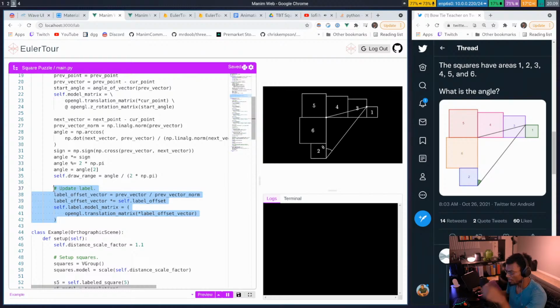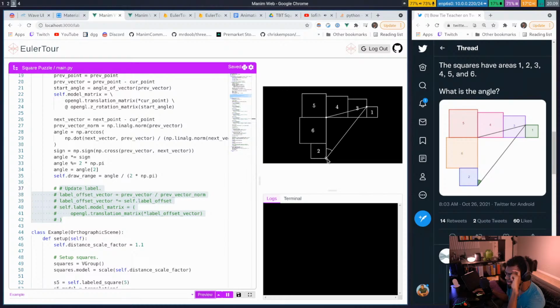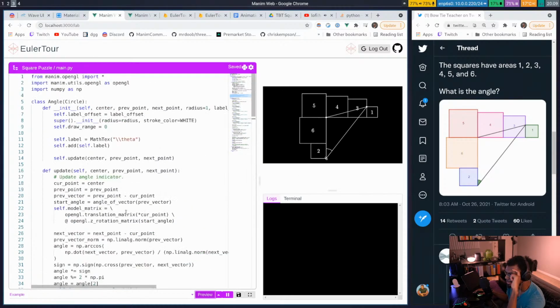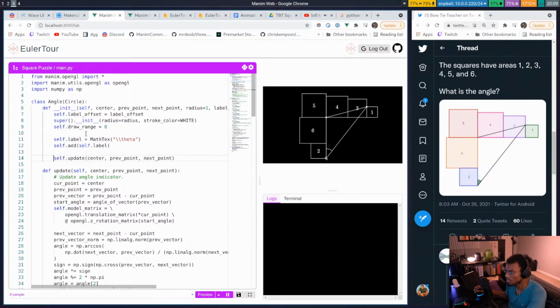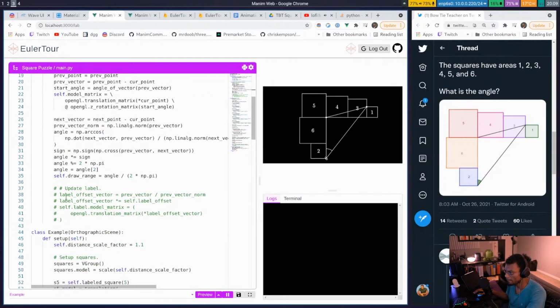I'm just not going to mess with the label here at all. Why is this rotated? Oh, because the entire thing is rotated. So draw range equals 0. Adds this label. Now to update the label.